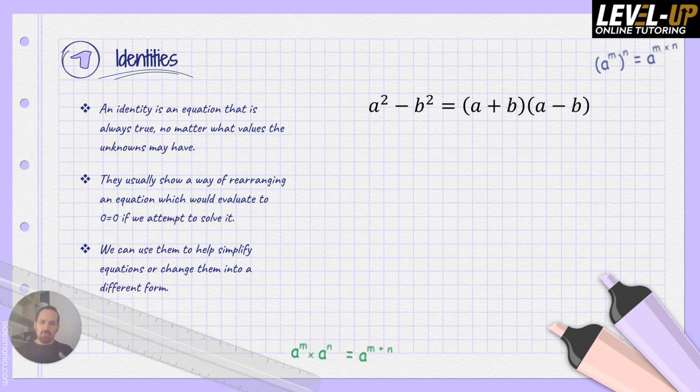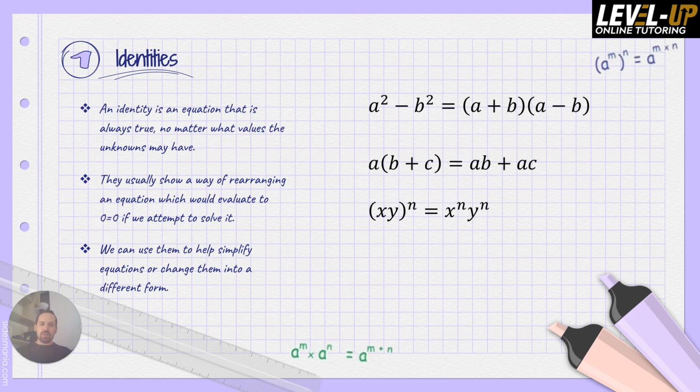But here you've got x squared minus 64. You might notice that that's the same thing as x squared minus 8 squared. In which case, we could use this identity, and if we factorize it, it would be x plus 8 times x minus 8. That's a common way we might use this, and then you could solve that quadratic in the usual way. So that's a good example of an identity.